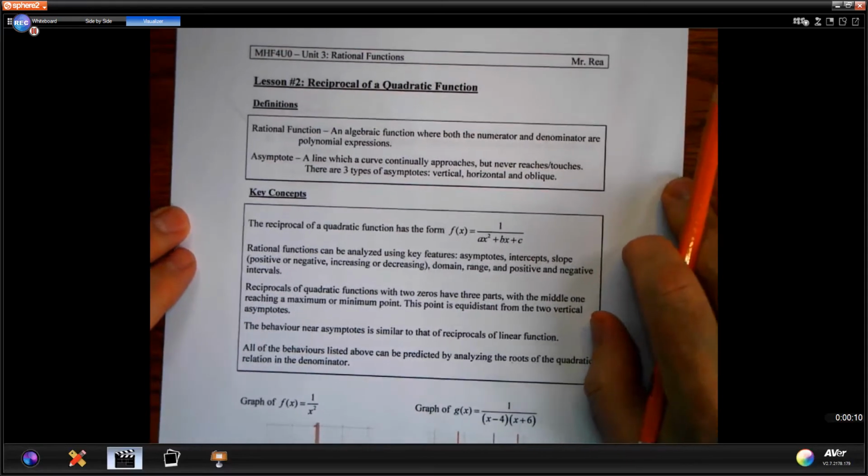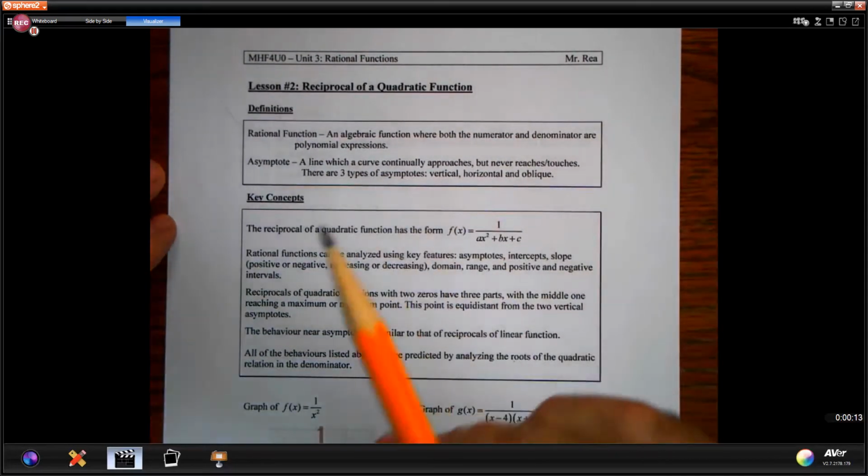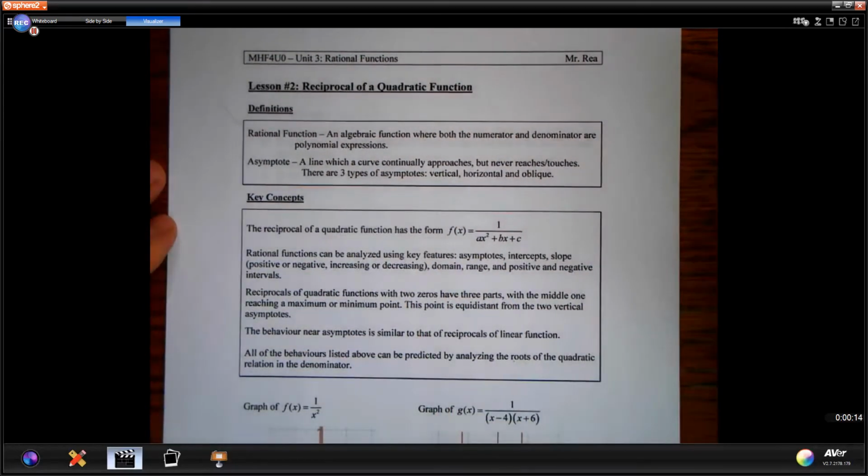In our last lesson we started our unit on rational functions, and we defined a rational function as basically a function that's got a polynomial in the numerator and a polynomial in the denominator, but it can't have a constant on the bottom.